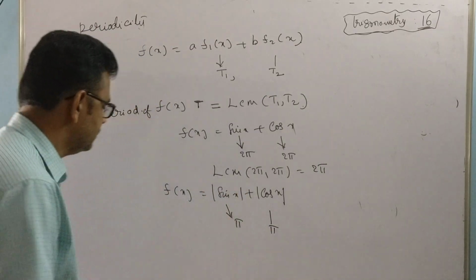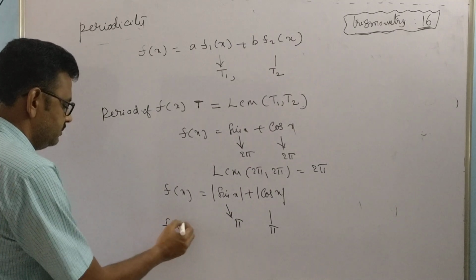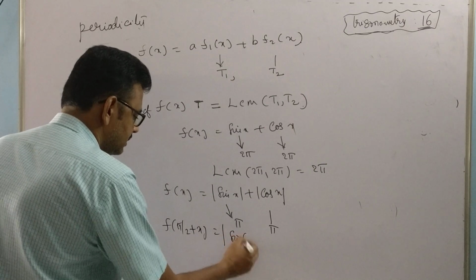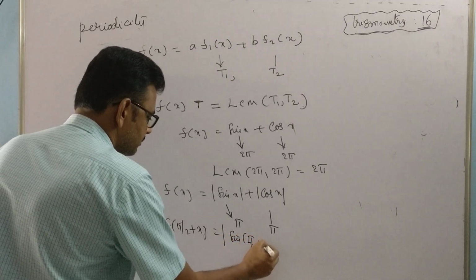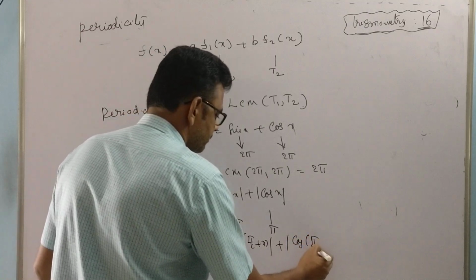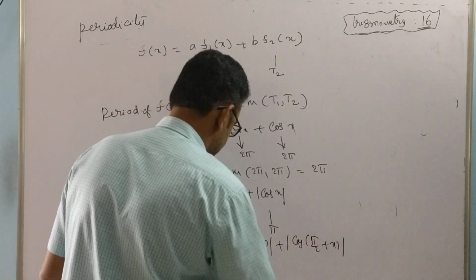That means what about f of pi by 2 plus x equal to what? Mod of sin of pi by 2 plus x plus mod of cos of pi by 2 plus x.